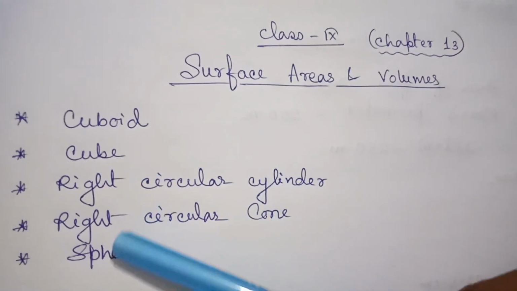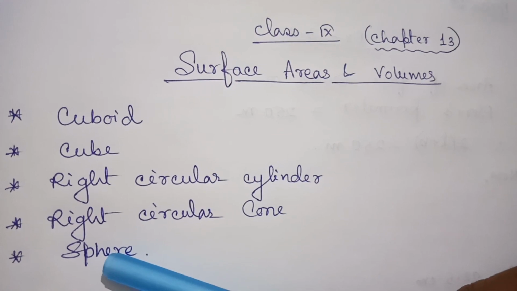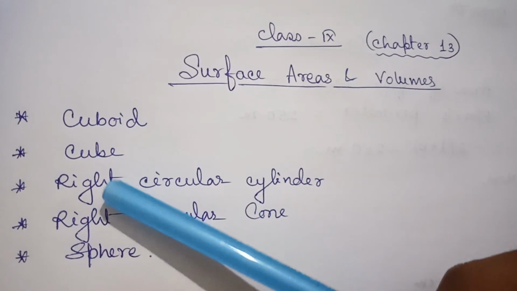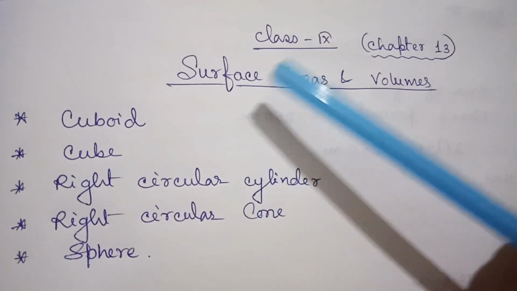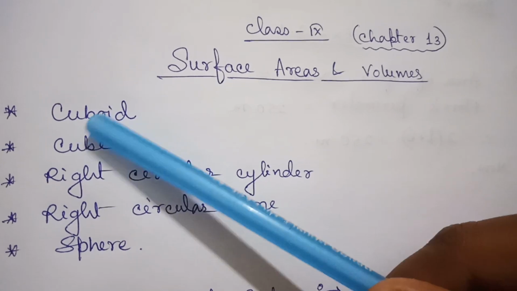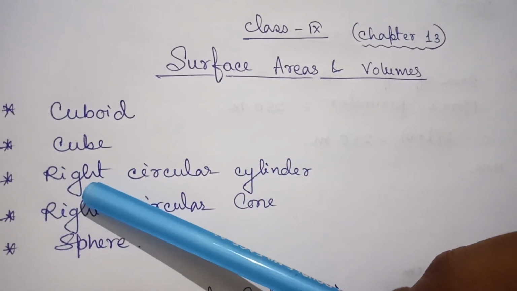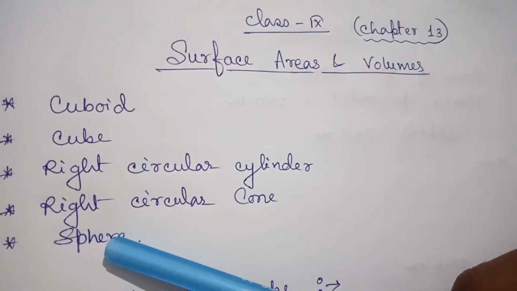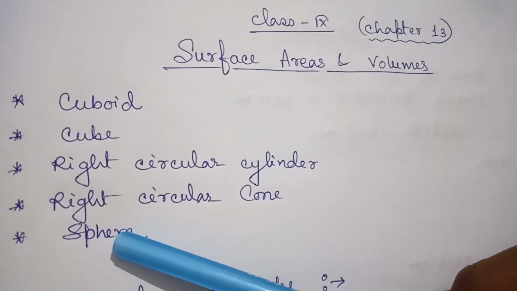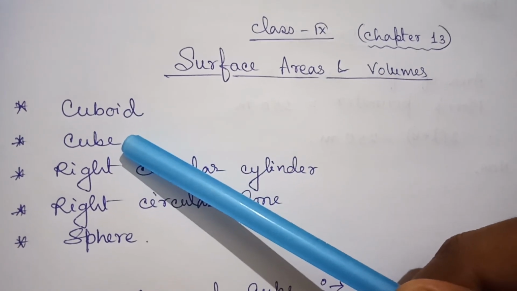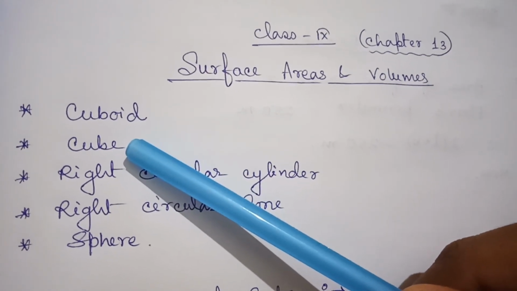Out of these 5 topics, in class 8 you all have done cuboid, cube and right circular cylinders, surface areas and volumes. These 3 topics are very known to you. These 2 will be totally new to you. We will be starting with cuboid and cube in this session. So let's start with the video.